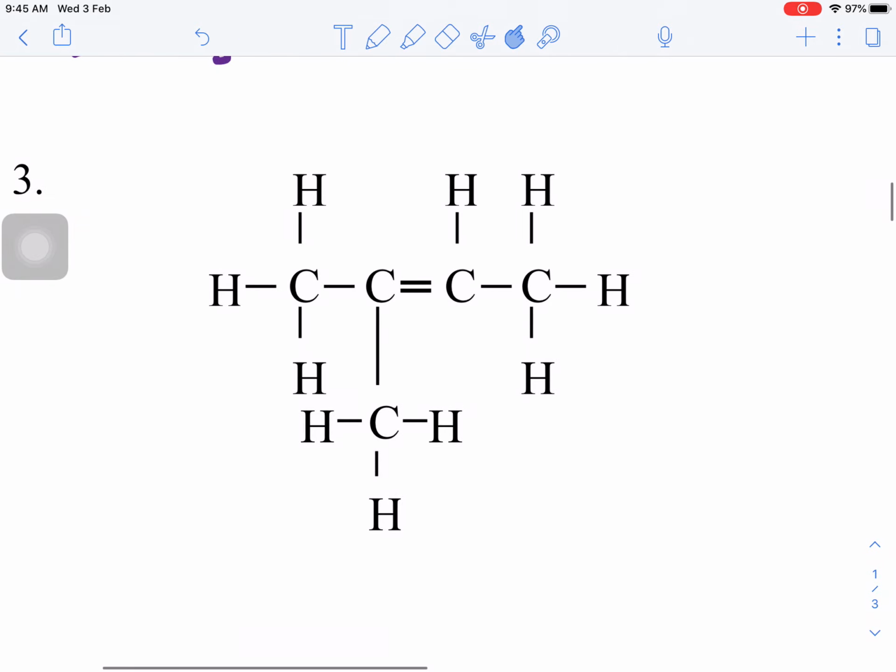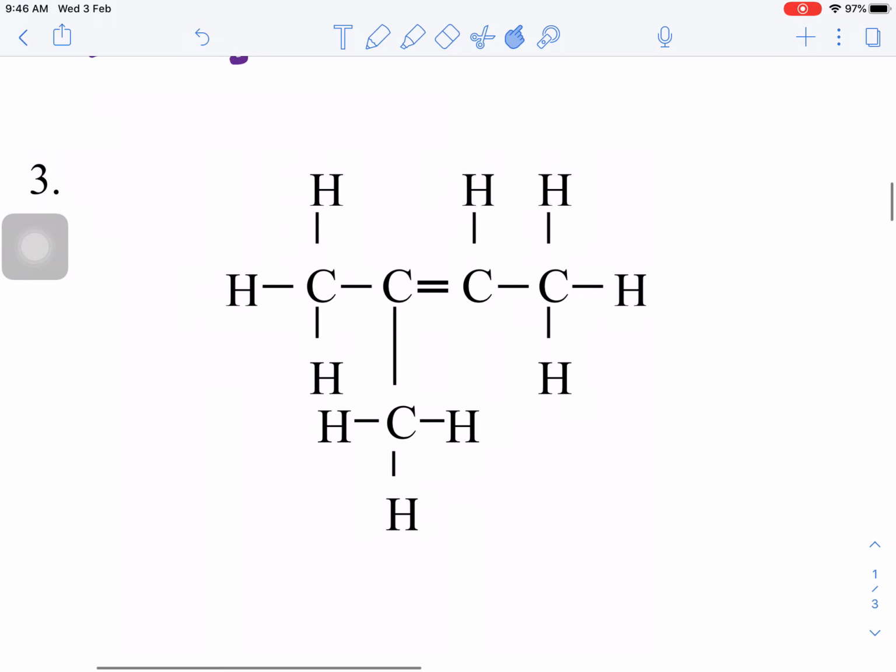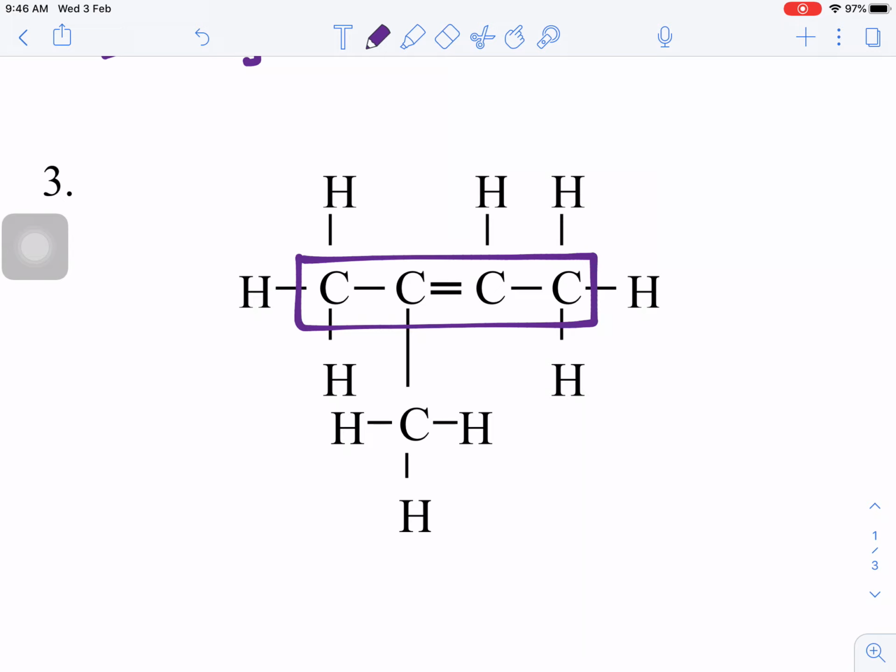So the next one. Find the longest chain. For the easier part, we just select this one, 1, 2, 3, 4. We can also choose 1, 2, 3, and 4 at the bottom. So start numbering. We can number from here or here, but we try to get the smaller number.